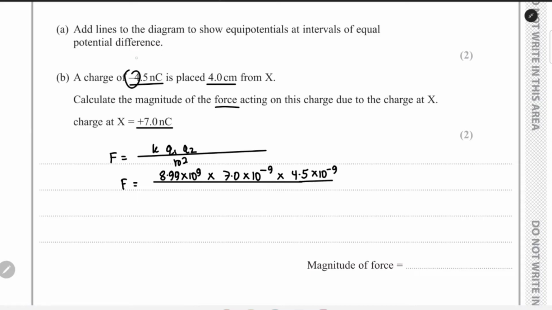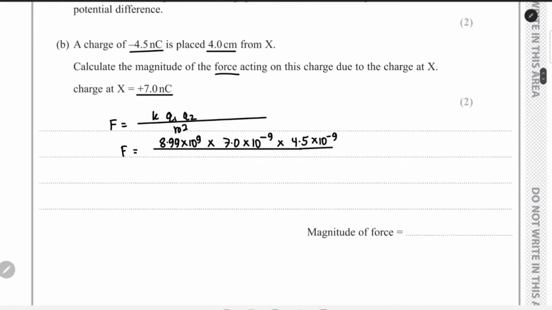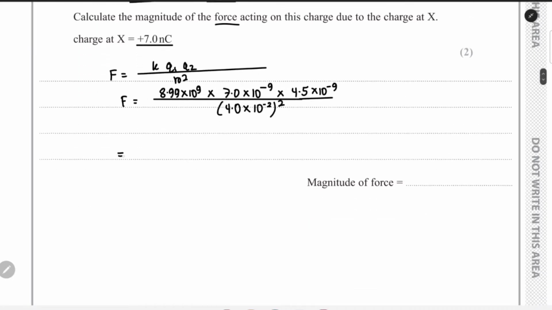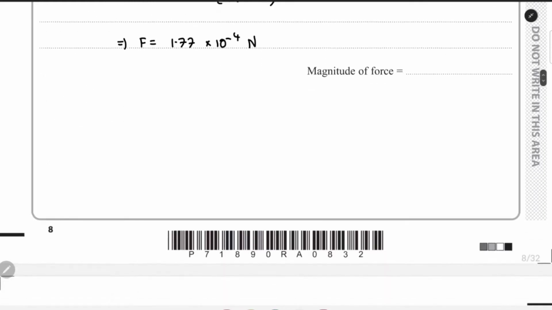I don't really have to deal with the negative since we are asked to find the magnitude only. The distance between them is 4 centimeters. I'll convert it into meters and square it. The force will come out to be 1.7699, so 1.77 into 10 to the power minus 4 newtons. This is the magnitude of the force.